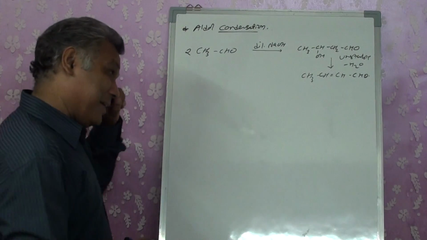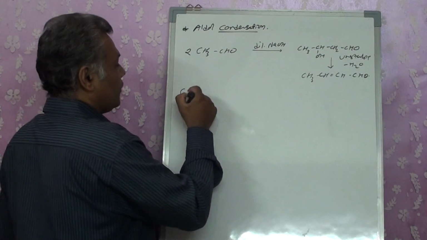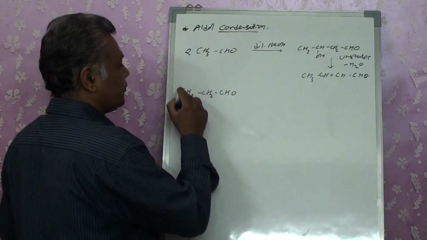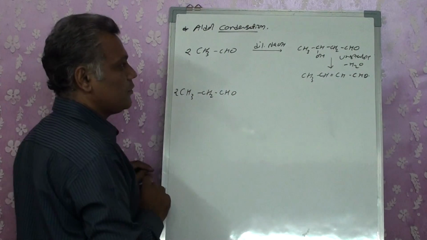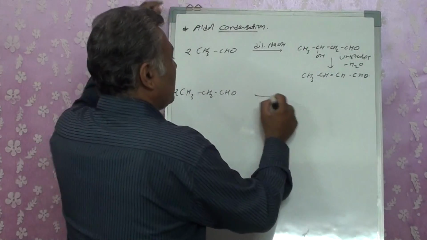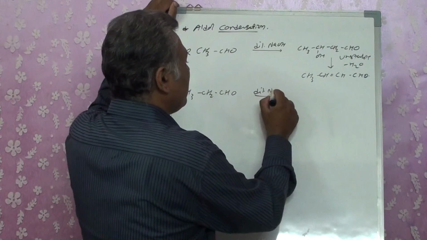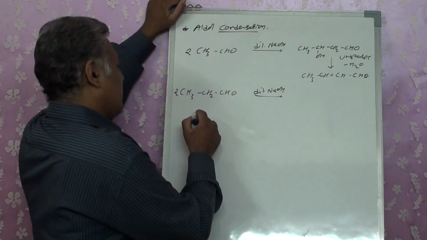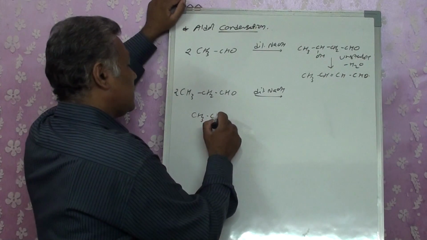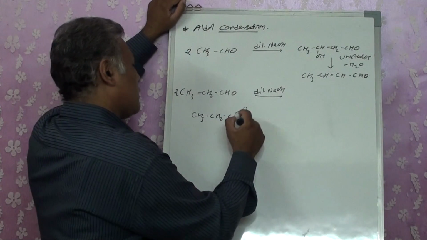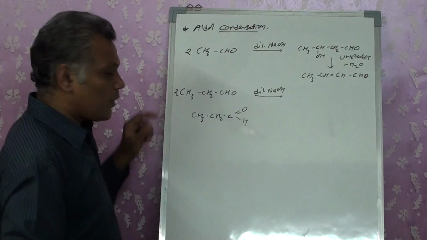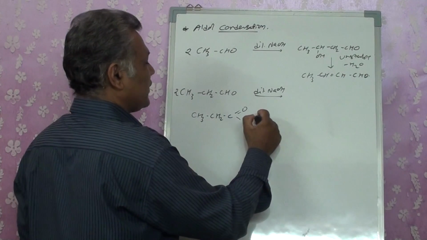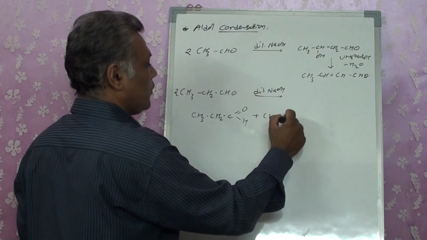Let's see another component, CH3CH2CHO. I'm going to take 2 moles with dilute NaOH. Let's see how we get the product. CH3CH2C double bond O H is my first molecule, and it reacts with another molecule.